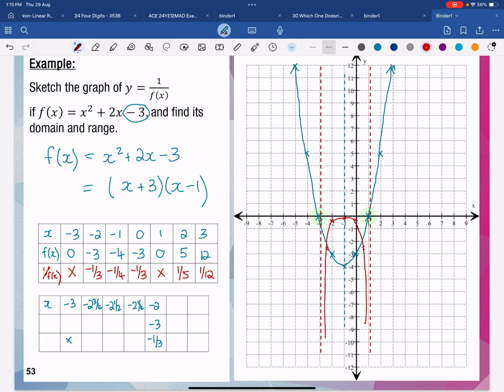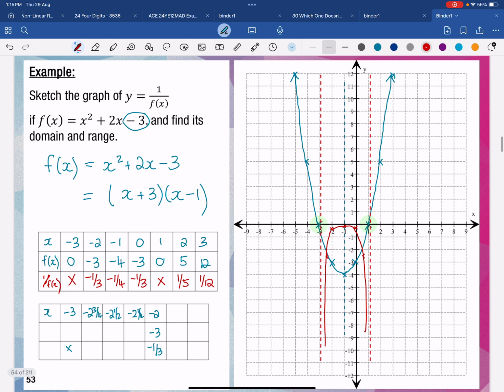As f of x approaches infinity, 1 on f of x approaches 0. So here we're already down to pretty much the limit of what I can manage as far as graphing. So -4, when x was -4, f of x was 5, so 1 on f of x is 1/5, which is still pretty small, but slightly more.